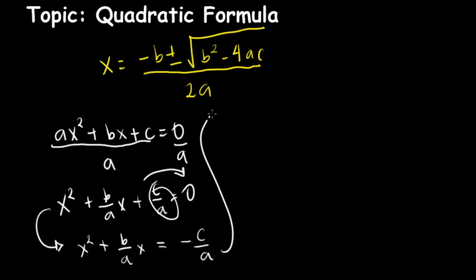So, in this case, by completing the square, itong equation na to ay magiging x square plus b over a x, lagyan lang natin ng plus blank, equals negative c over a plus blank. Ano yung blank? Sila yung term na i-add natin sa makukuha natin using the completing the square. Kasi it all makes sense. Kasi kapag equation, kapag nag-plus ka sa kaliwa, dapat mag-plus ka rin sa kanan.